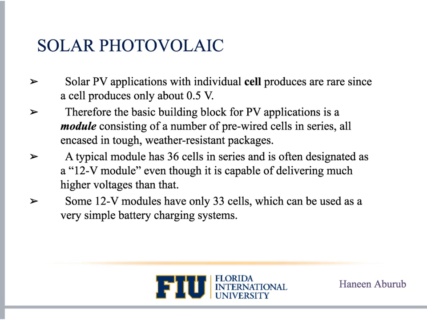A typical module has 36 cells in series and is often designed to generate 12 volts. Some 12-volt modules have only 33 cells, which can be used as very simple battery charging systems.